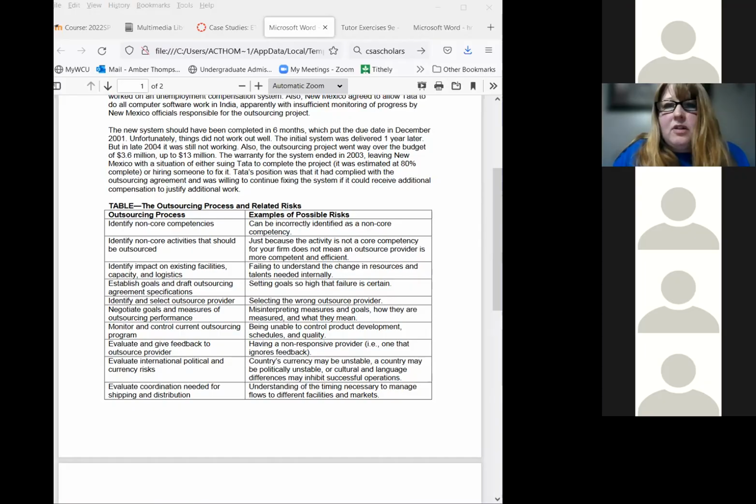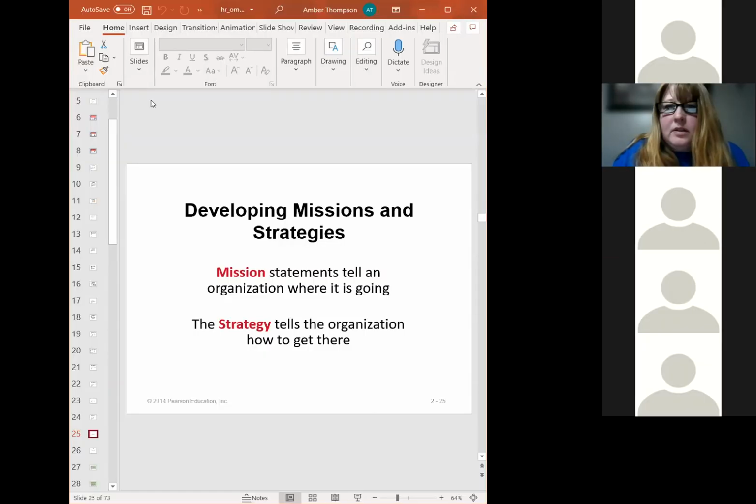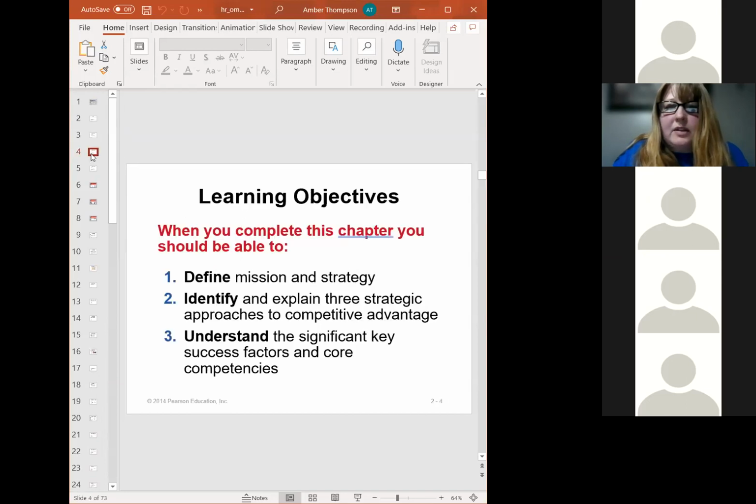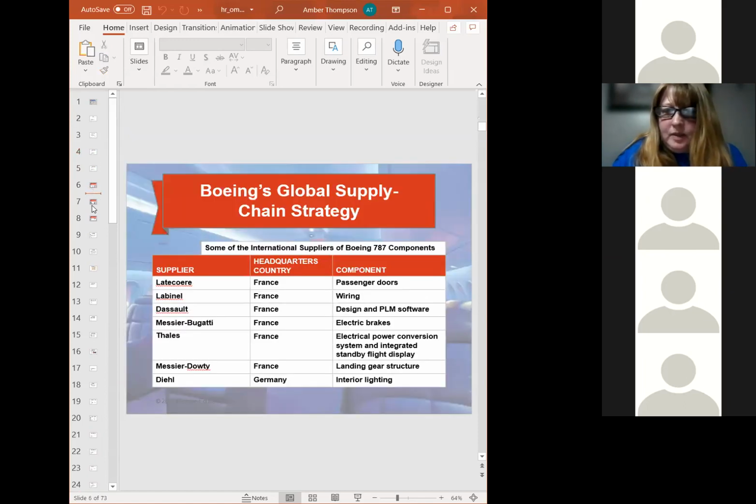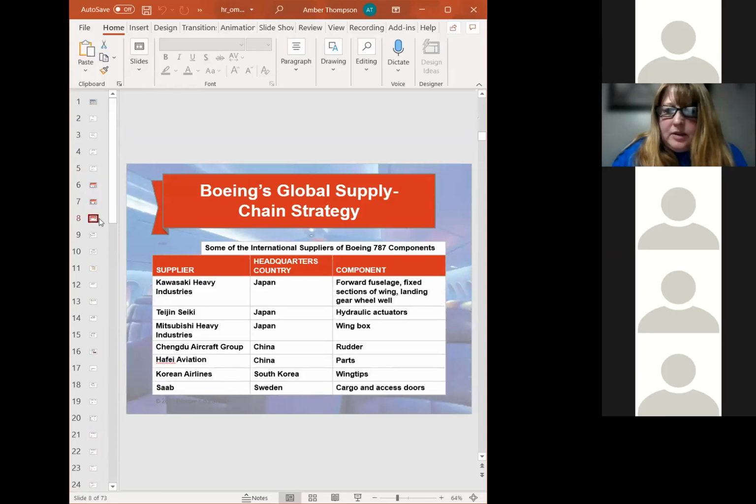So I'm going to toggle over to the PowerPoint just for a minute. So some of the top things in this textbook, and I really like this textbook because it breaks it down into 10 different factors.